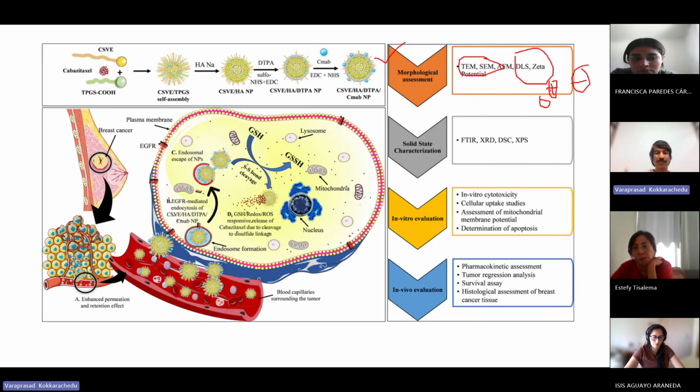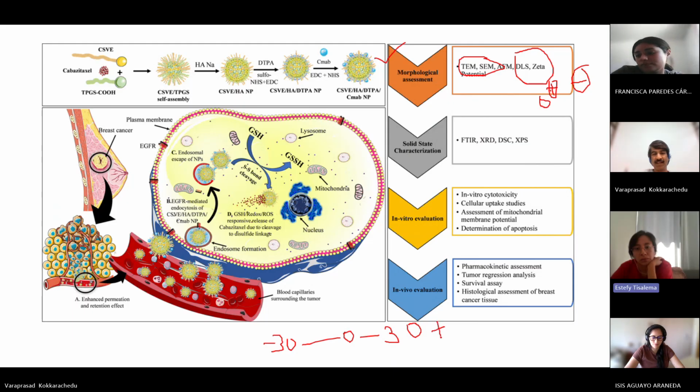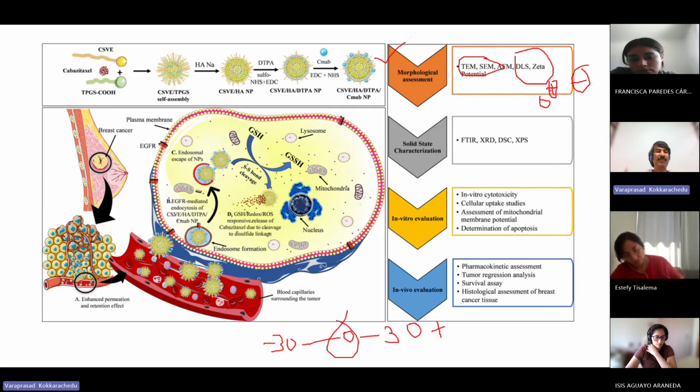And suppose here, 30 minus, 0, 30 plus. If the nanoparticle has 0 charge, we can't use it for medical applications. Okay. If you have up to 30, up to 30 plus, we can use it for medical application.